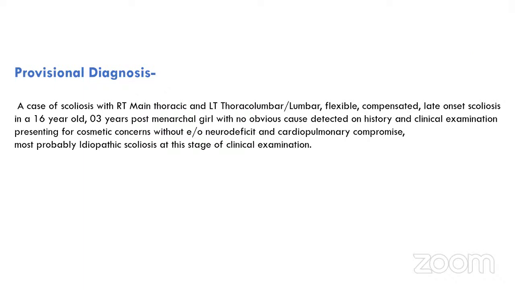But if I have to give you a tip which I used in the exam to make your presentation faster, because scoliosis has so many things to say, what I tell students to do is to combine the inspection and palpation together.